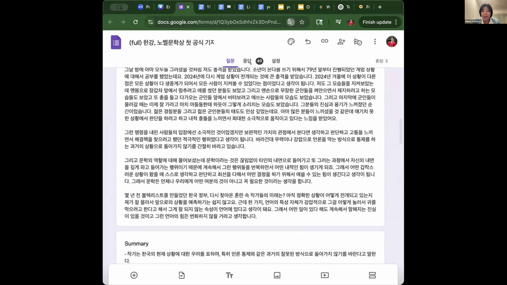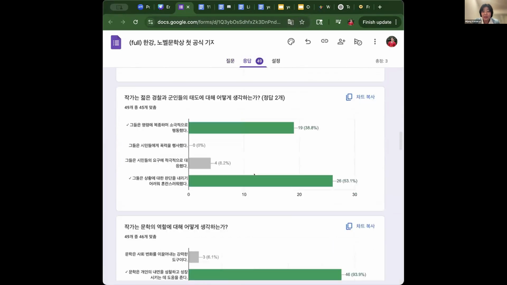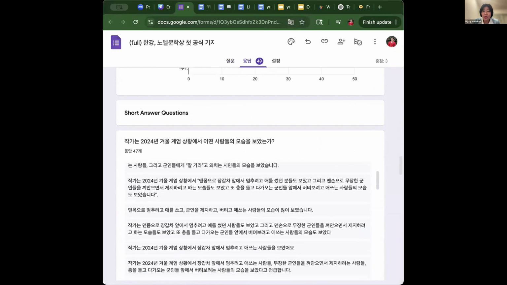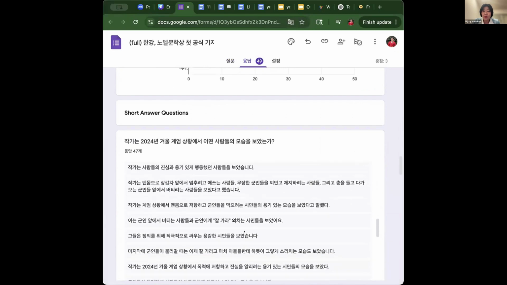I can read them and check their answers later, to see how much they understood and what short answers they wrote. Then I can check their understanding.